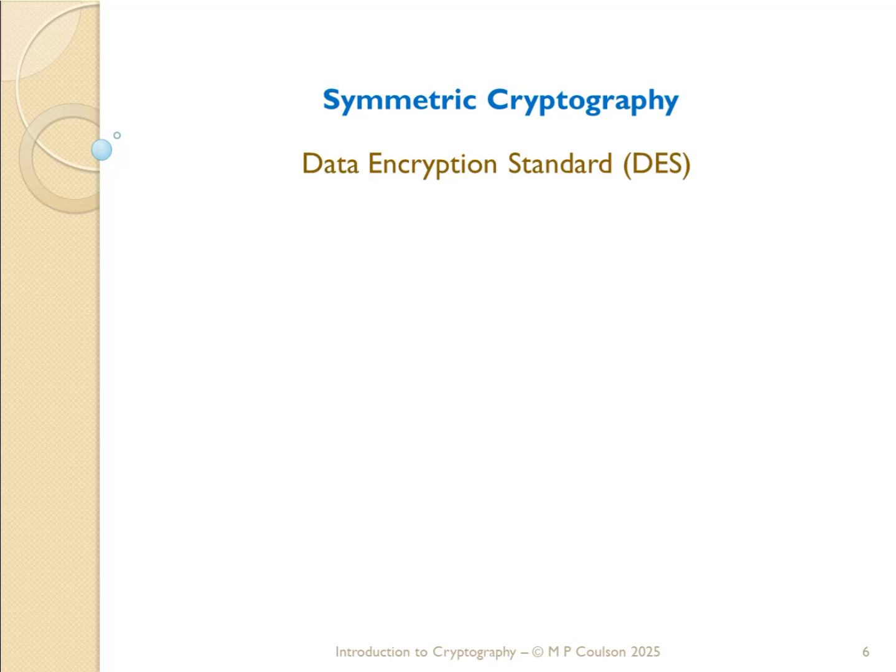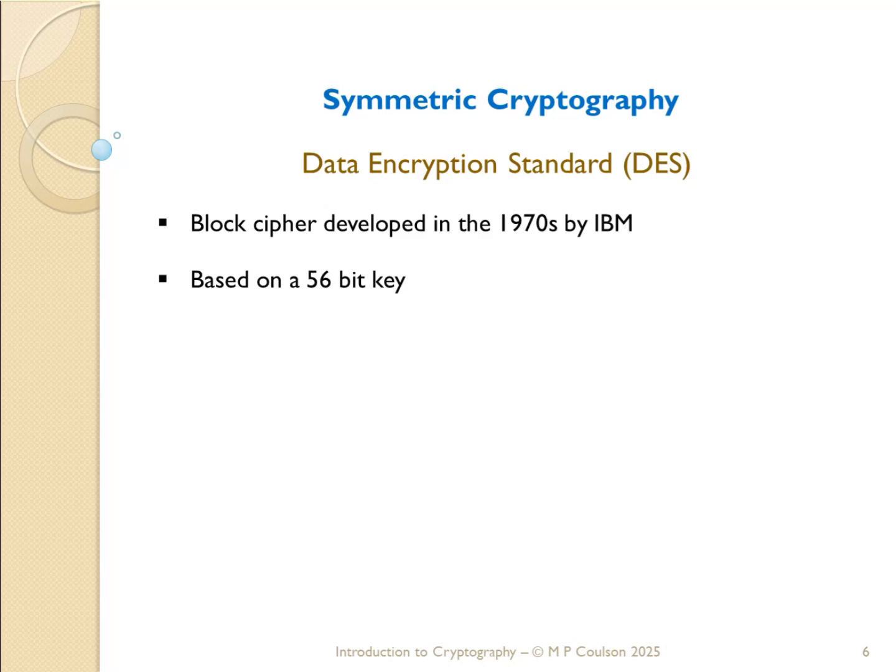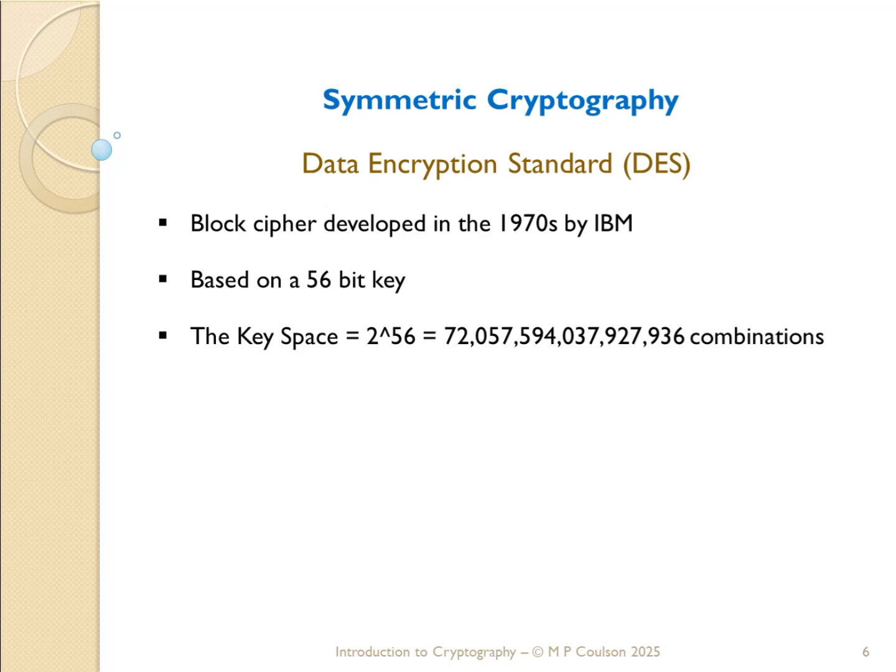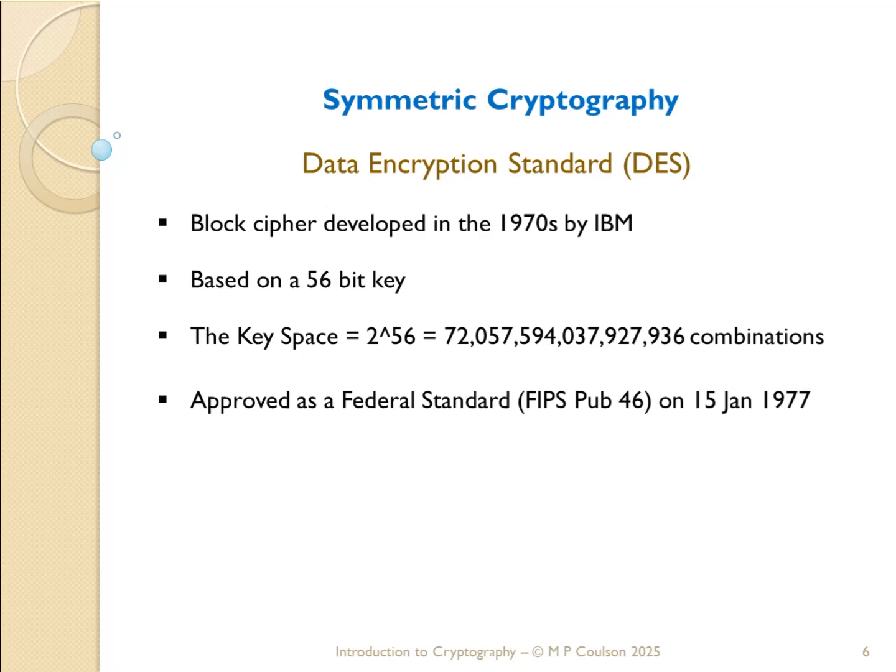Another symmetric cipher is the data encryption standard. The data encryption standard is what is known as a block cipher, based on a 56-bit key. It was developed by IBM in the 1970s, and has 2 to the power of 56 key combinations. The data encryption standard was approved as a federal standard on the 15th of January 1977, and was known as FIPS Publication 46.